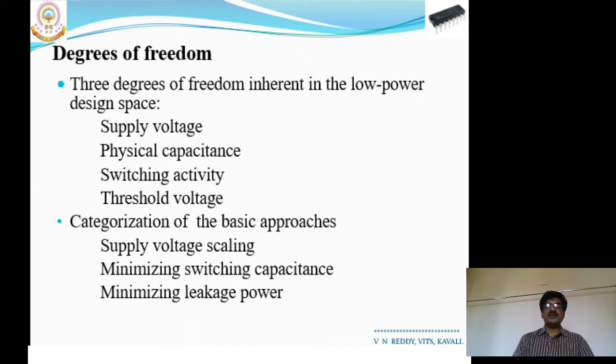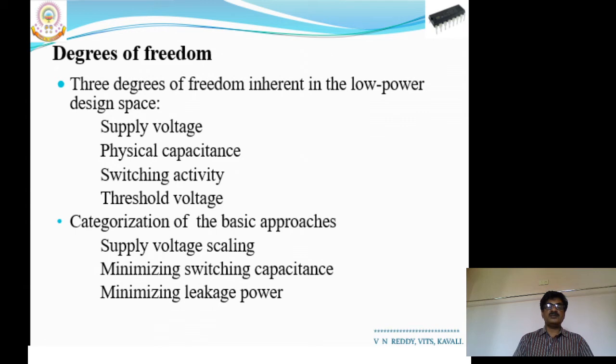But if you apply the voltage scaling techniques, the power consumption will be reduced, but at the same time the performance of the circuit also reduces. Here performance is generally a synonym for speed. So speed is reduced, but our intention is that the speed must be high.